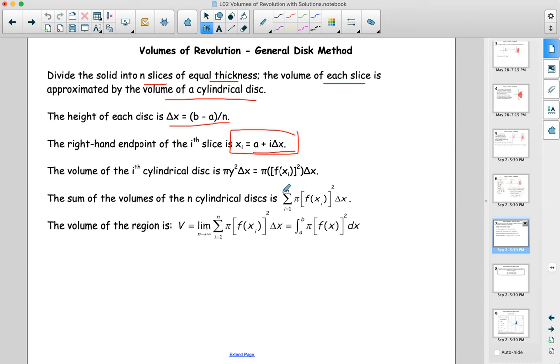If we add all of them together, the volume of each cylindrical disc, we should get the approximation for our volume. And then if we let the number of rectangles go to infinity, we will indeed have the exact volume. And moving forward here now, that is going to become the integral symbol, but now we're integrating from a to b as opposed to 0 to 3. This is pi, that's f of x. This one becomes dx.